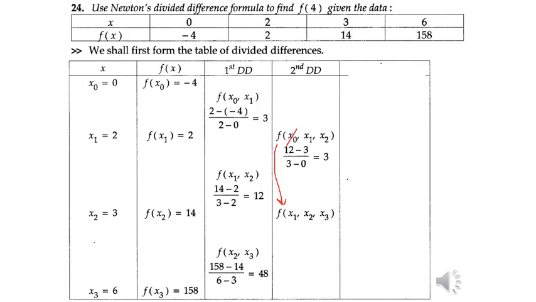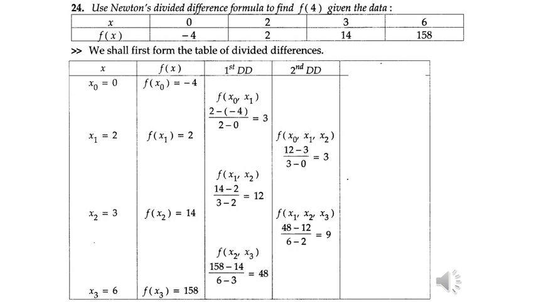Go to the previous column and do this entry minus this entry, that is 48 minus 12, divided by x3 minus x1. So where is x3? x3 is 6 minus x1 is 2. So we write in the denominator 6 minus 2 here. Simplify this answer.